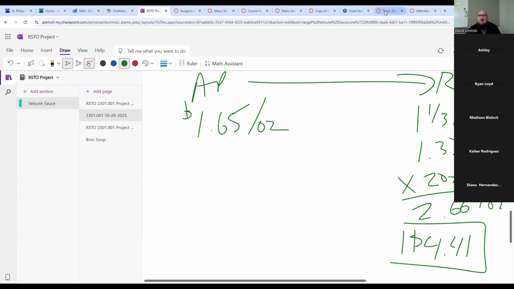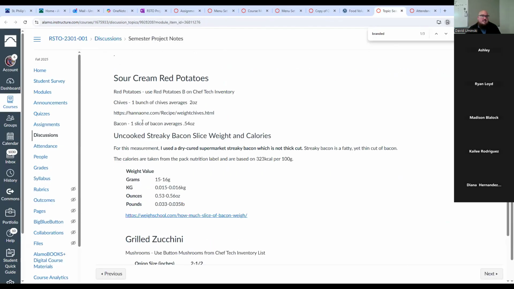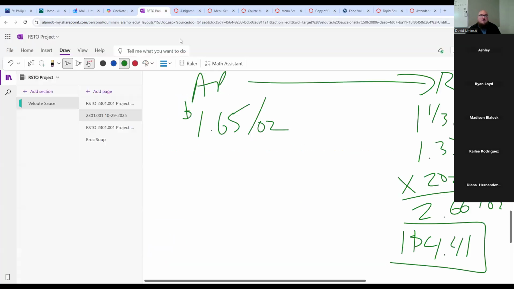And in the semester project notes, it says that one bunch of chives averages 2 ounces. So if we need 1 1/3 bunches, that's where we convert that 1/3 into a decimal and then multiply by the 2 ounces per bunch. So that means 1 1/3 bunches is actually going to equal 2.667 ounces.